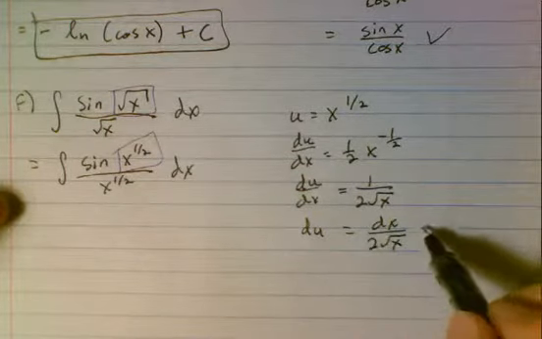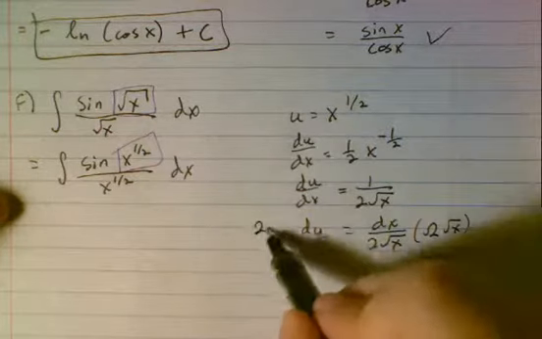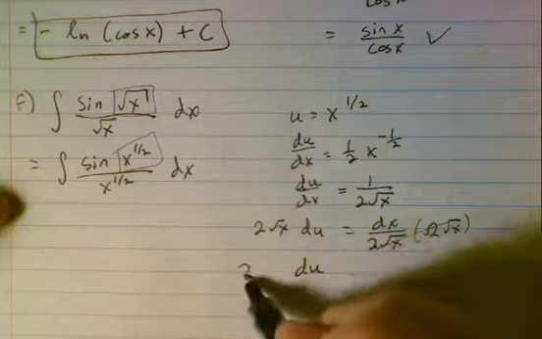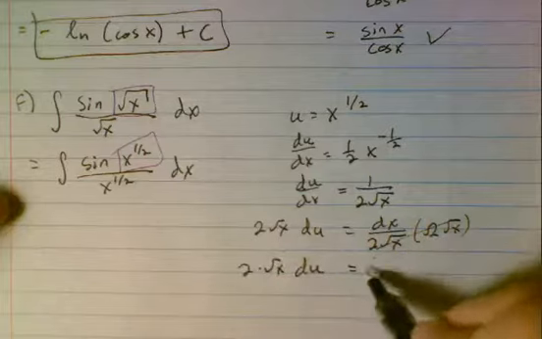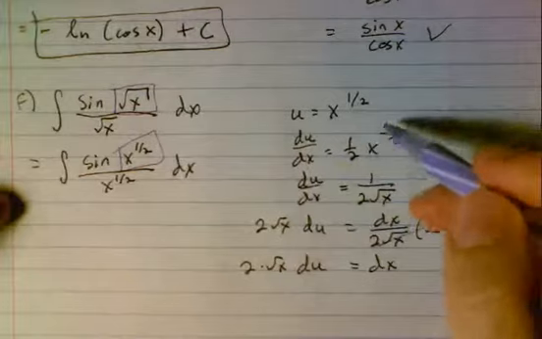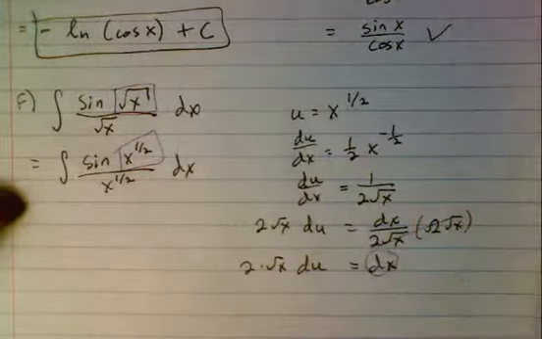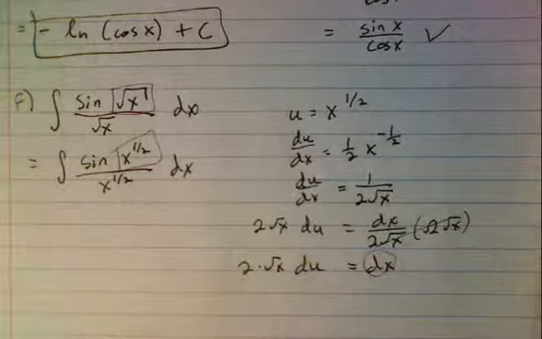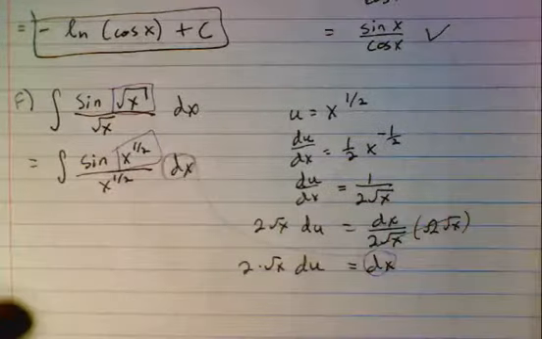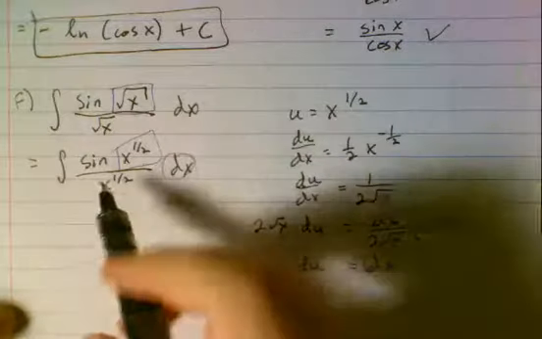So to get dx by itself, we're going to multiply by 2 root x. And du times 2 root x equals dx. So because of this property, where this turns into having a negative exponent with the derivative, now this is going to cancel really easily with this.